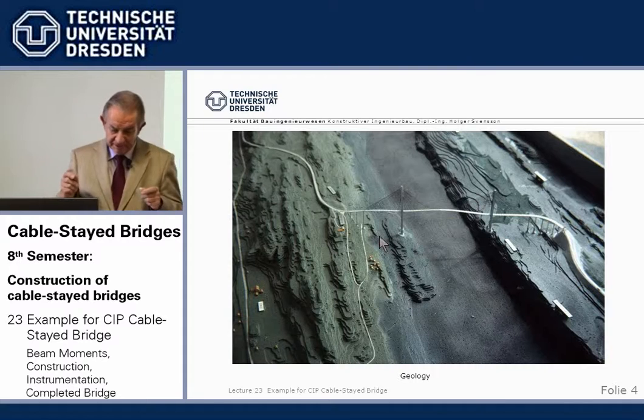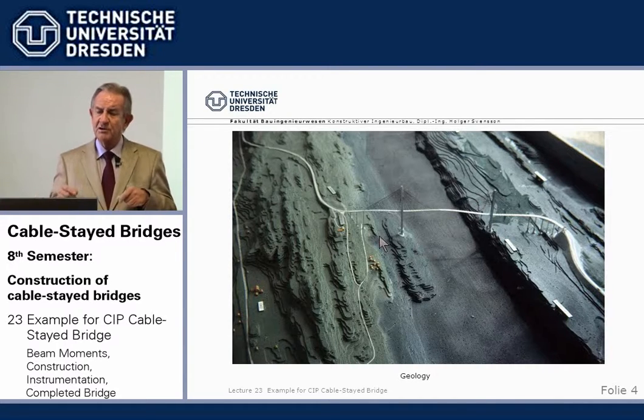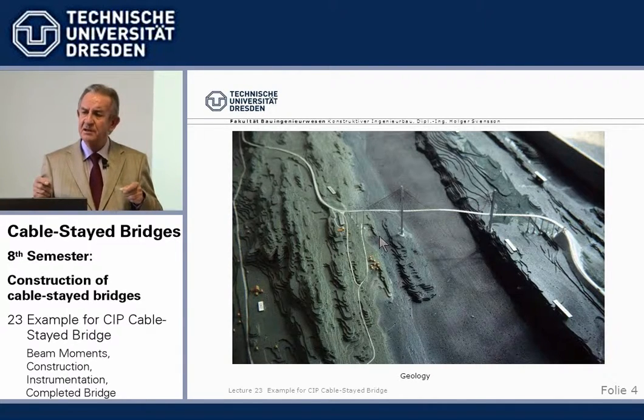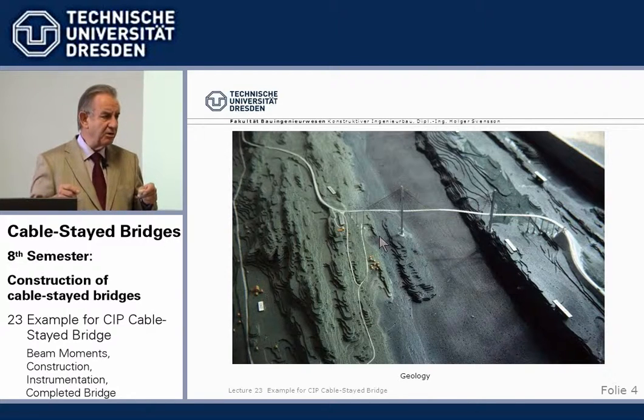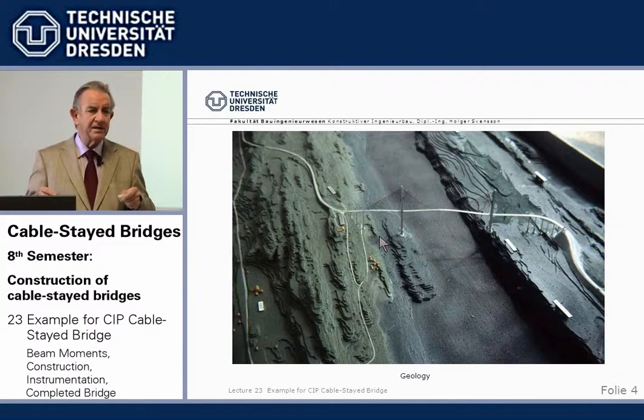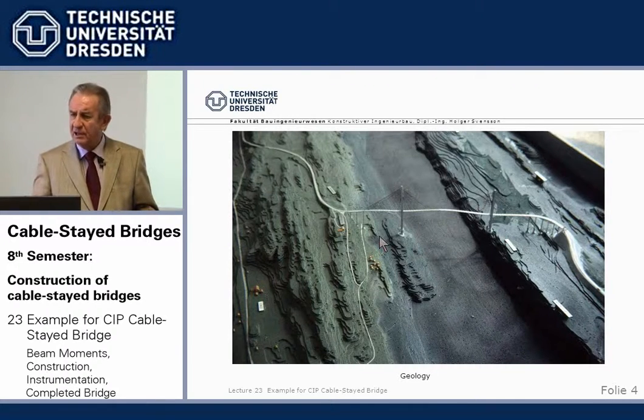Now, polar circle does not mean that it is extremely cold there. The Gulf Stream, which heats all Europe, is also active there, and the low temperatures are not significantly lower than they are here.